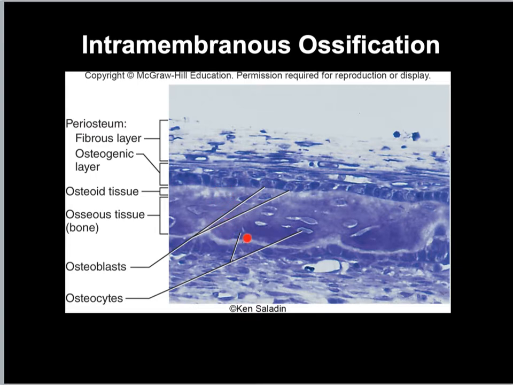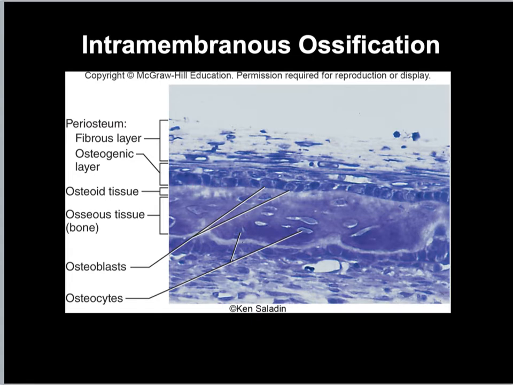So this here in the dark blue is mineralized tissue that has hydroxyapatite laid down on it. This area up here on the outside, this is osteoid tissue. So this layer here has the collagen laid down, but it hasn't been mineralized yet.